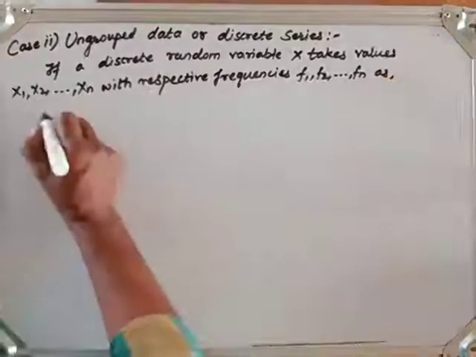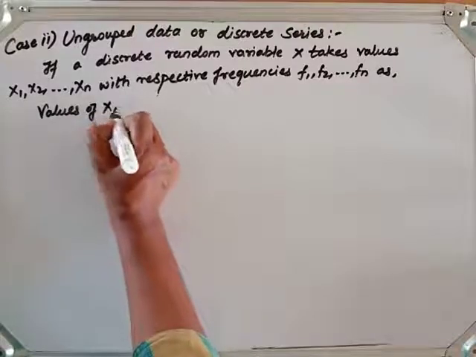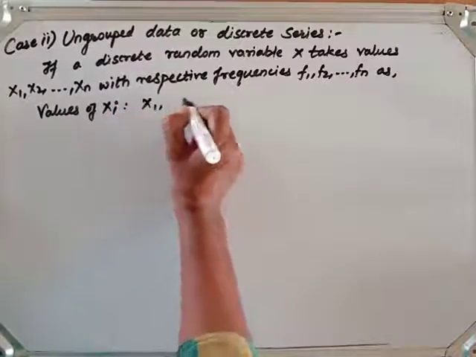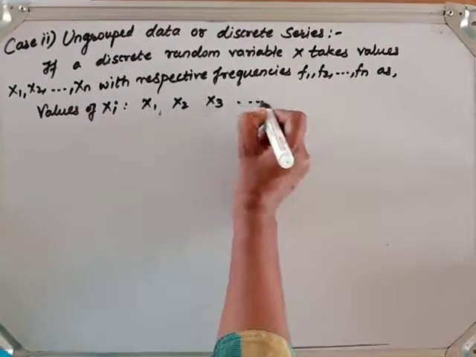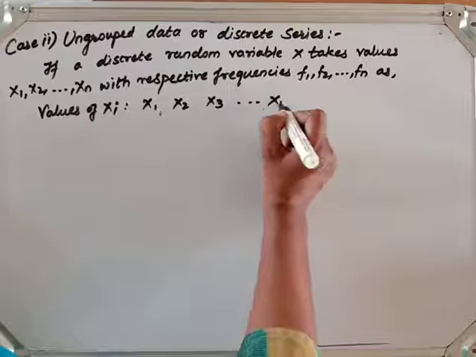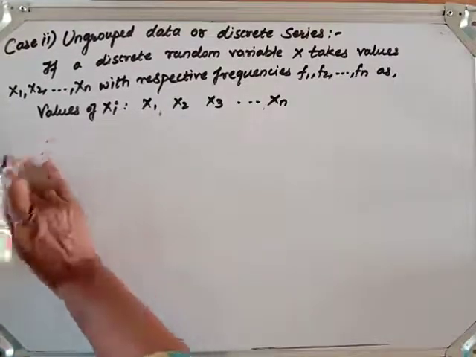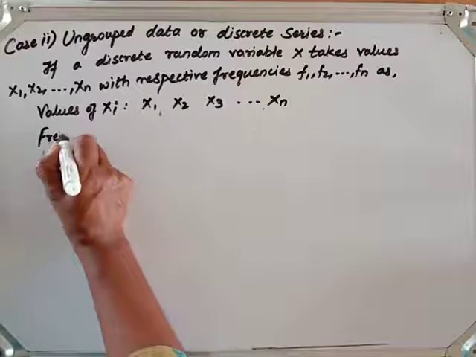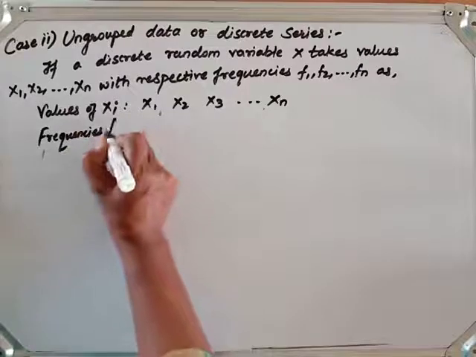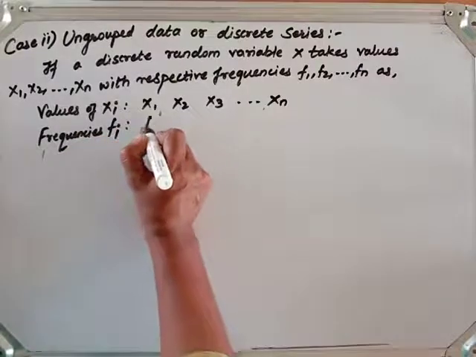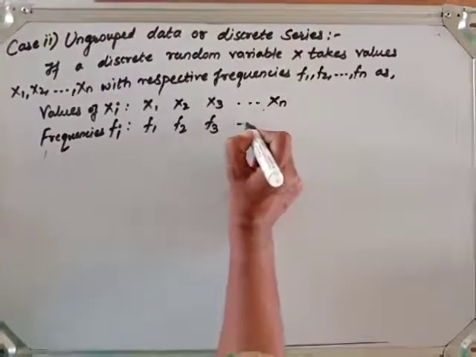The values of x are x1, x2, x3 and so on up to xn, and the frequencies are fi: f1, f2, f3 and fn.